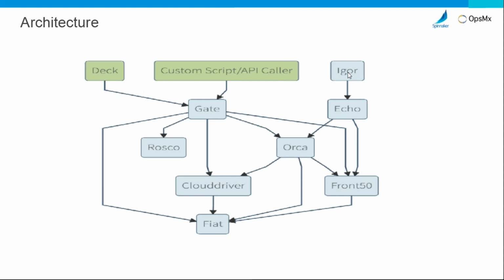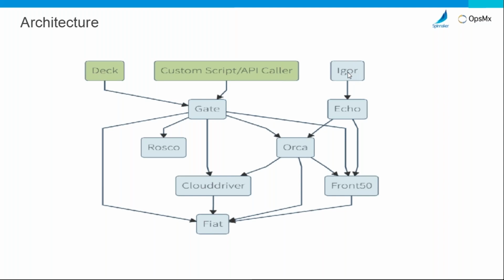Using the jobs that are available in your CI tools, Igor is what triggers the pipeline. You don't have to juggle between multiple UIs to see whether your Jenkins job is executed or not. Once a developer commits the code and if you have enabled the trigger in Jenkins after the commit, the trigger automatically gets executed on Spinnaker and it starts off with the deployment.